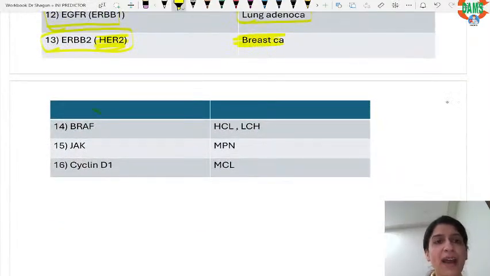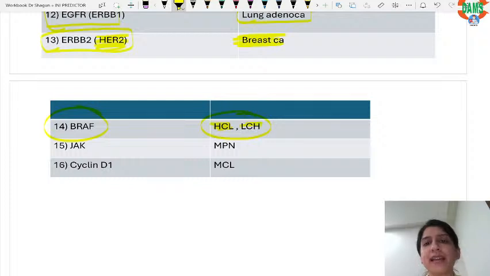Next, BRAF mutation in HCL. What is HCL? Hairy cell leukemia. And LCH. See, HCL, reverse the alphabet. That is going to be your LCH, Langerhans cell histiocytosis. The exact name is BRAF V600E mutation.